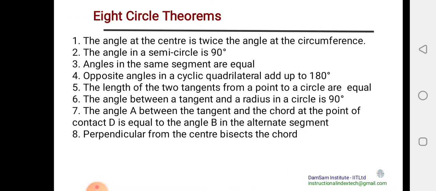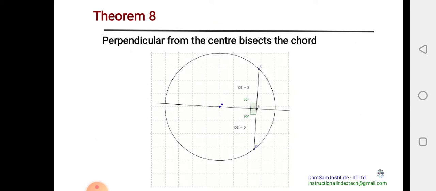And the next one, which is the last one: a perpendicular from the center bisects the chord, meaning that when we have a perpendicular coming from the center, just like a radius, it bisects the chord.